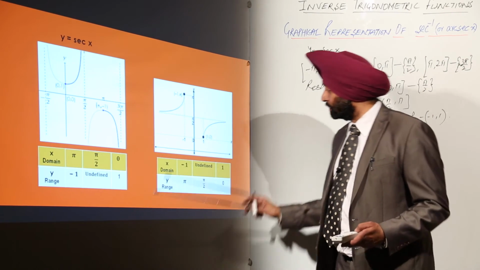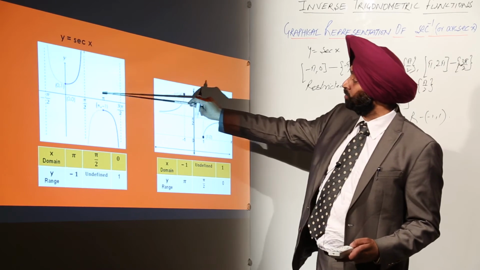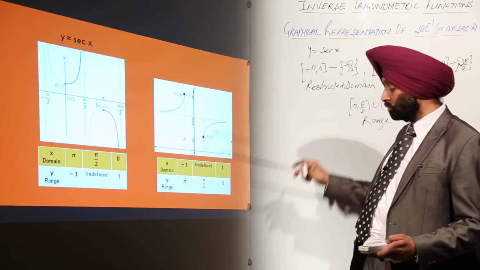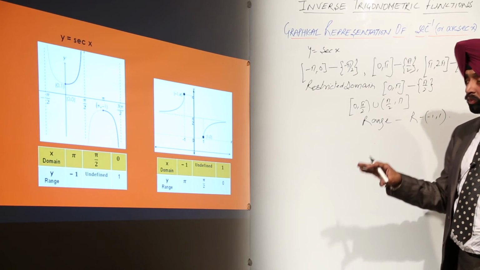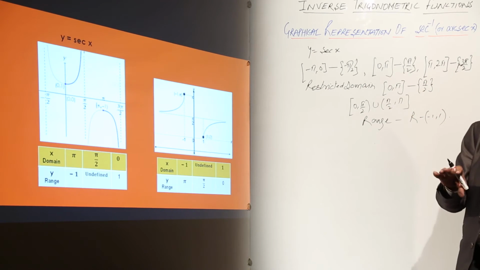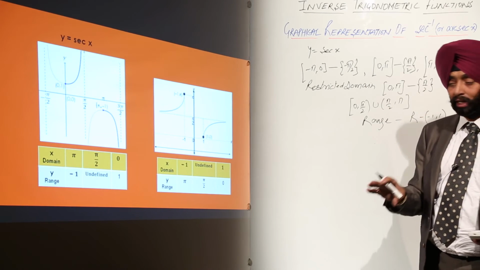So basically, this is exactly the mirror image of this one, and I am going to show you the mirror image. Now this becomes an inverse only with the restricted domains, when we are getting a function that is 1-1 and onto.